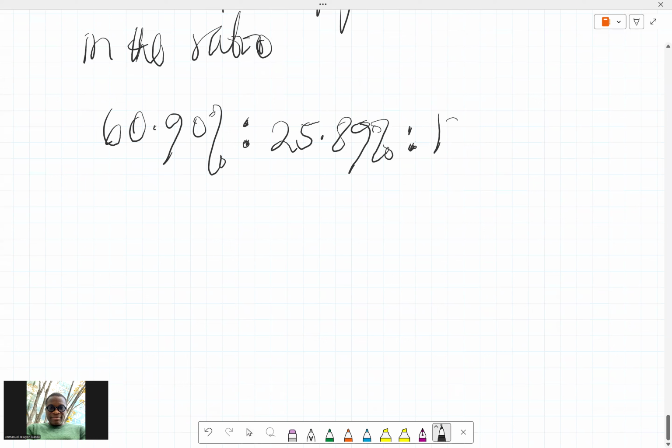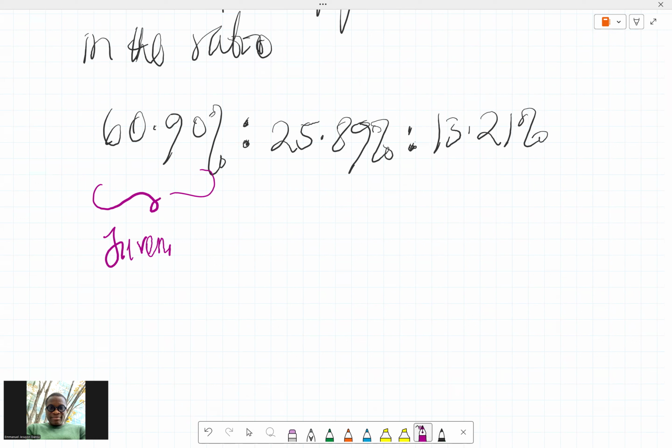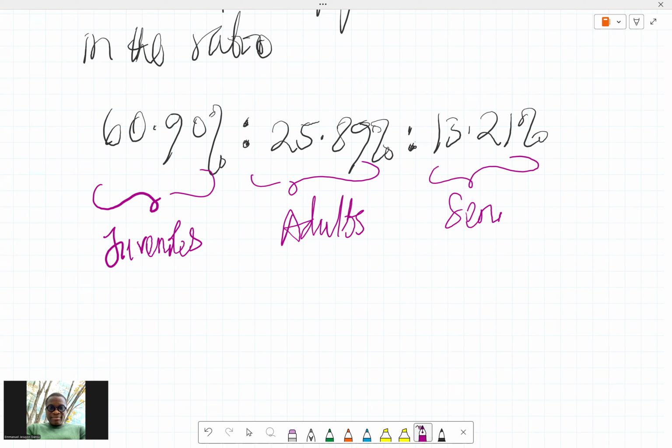Everything goes to 100. So it means that in the long run, you are going to have 60.9% of juveniles in each generation. It stabilizes, and you have 25.89% of adults, and you're going to have 13.21% of seniors. That's what all of this implies.